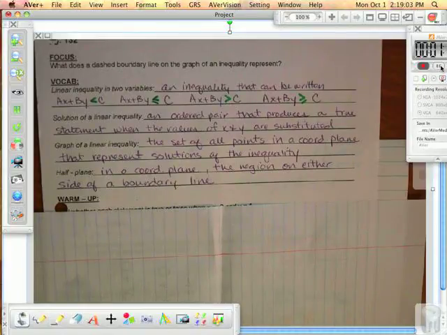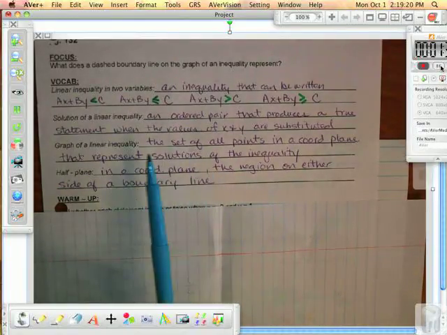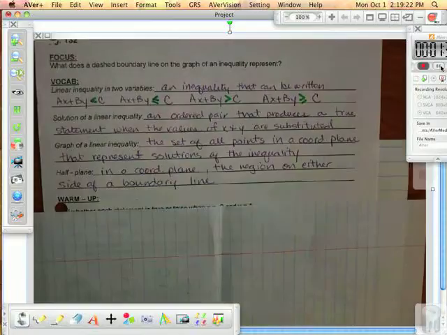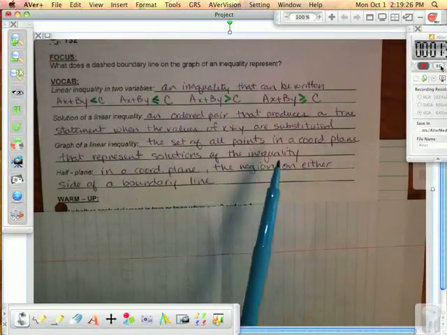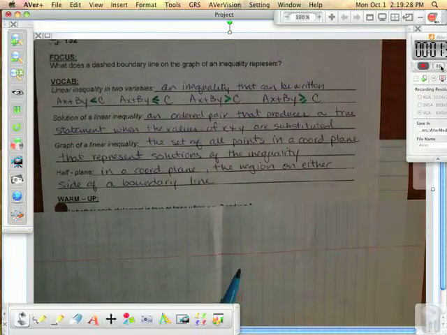So today we're going to shade on the coordinate plane all the ordered pairs that would make the inequality true. The solution of a linear inequality is just an ordered pair that makes it true. There's tons of solutions. The graph of a linear inequality is shading on a coordinate plane all the points that make the inequality true. And the half plane is pretty obvious.